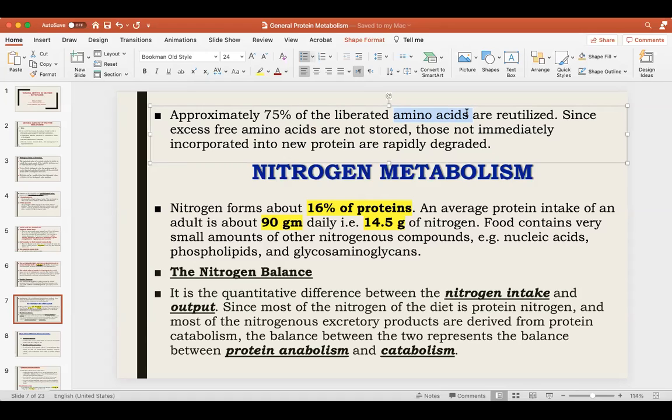Amino acids are used to build important molecules such as neurotransmitters, hormones, cytokines. So amino acids are utilized, and the remainder are excreted from our body. They are not stored. There is no storage of amino acids. There is no storage of excess proteins in our diet.